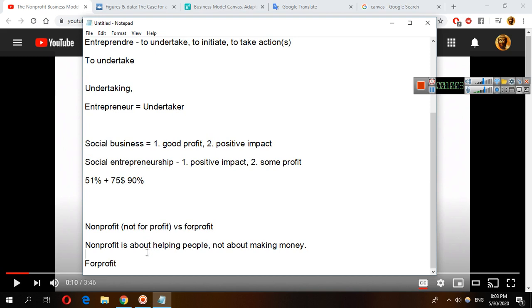So for profit, you still help people. You still help your customer, but for-profit is about making profit in general. You want to get rich. If you want to get rich, to lead a luxurious lifestyle, you would want to deal with for-profit businesses.